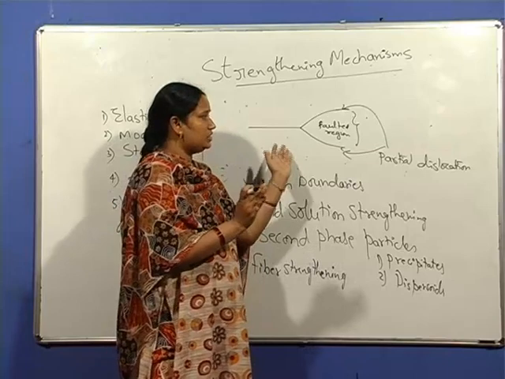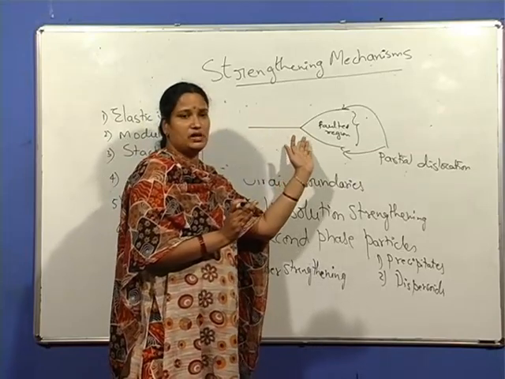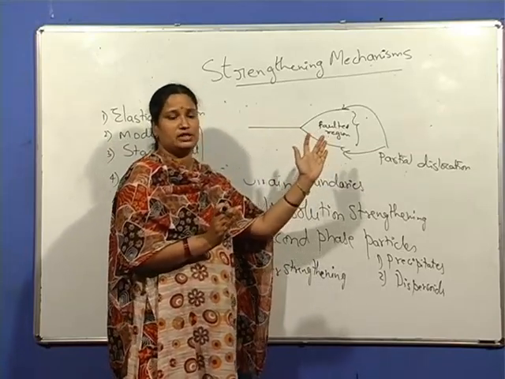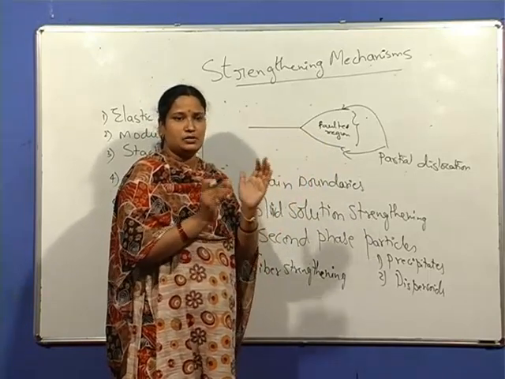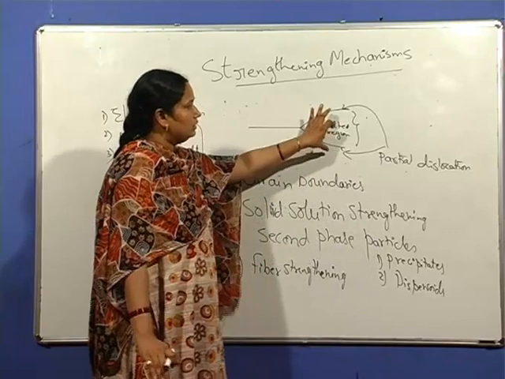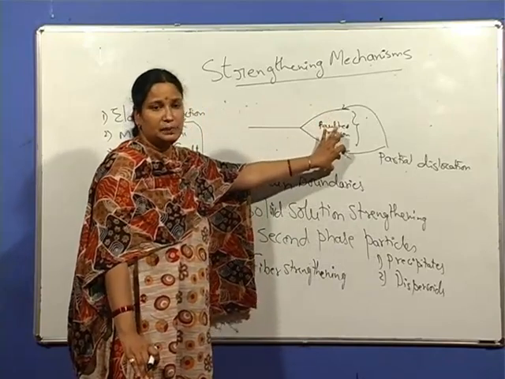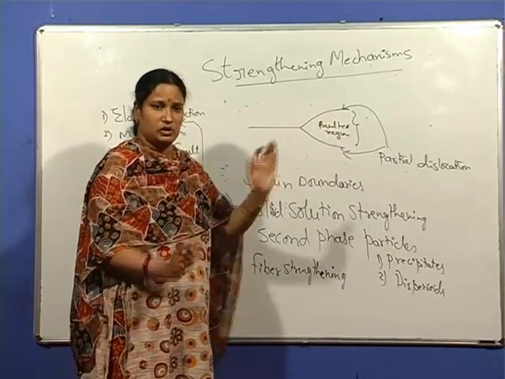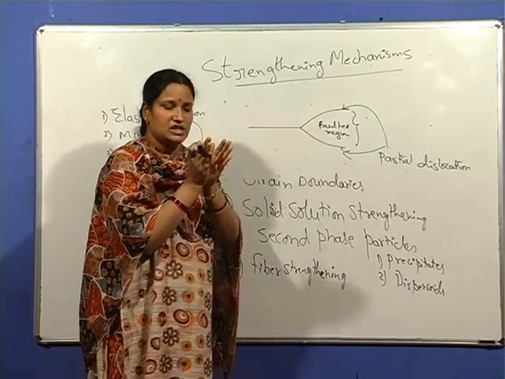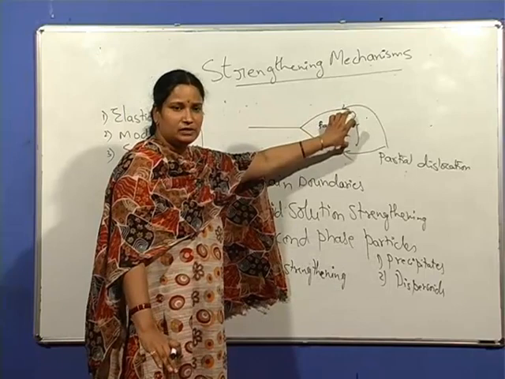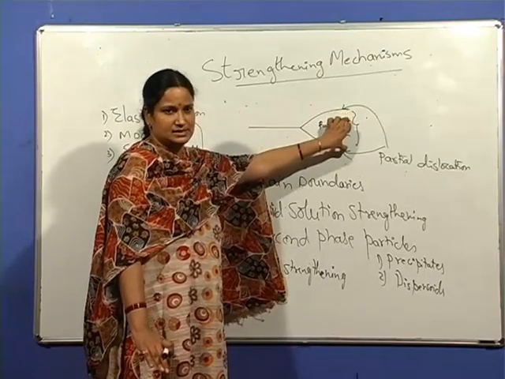For this partial or extended dislocation to move as a unit is very, very difficult. If it has to move as a unit, the stacking fault energy should be very high, because then the two partial dislocations come closer and the width of the faulted region will be less.